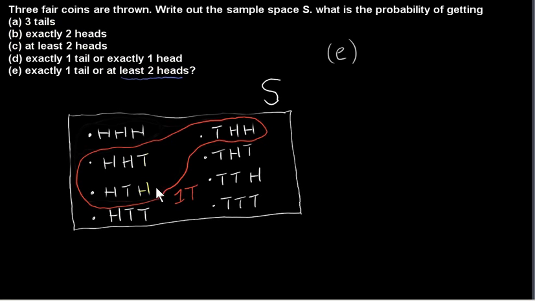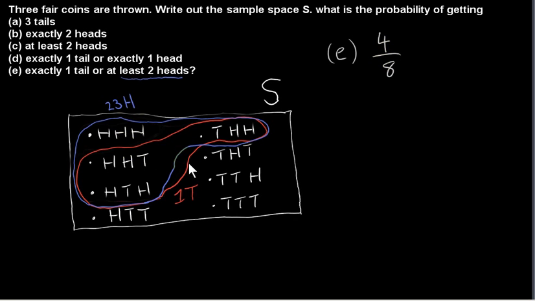We saw it in part B. I'll just indicate that. I'll just call the event at least 2 heads 23h, meaning 2 or 3 heads. It's nothing to do with 23. So what we do is we take the union of the 2 sets, the red and the blue set. Well, the union of them just consists of 4 elements. So the answer is 4 divided by 8.